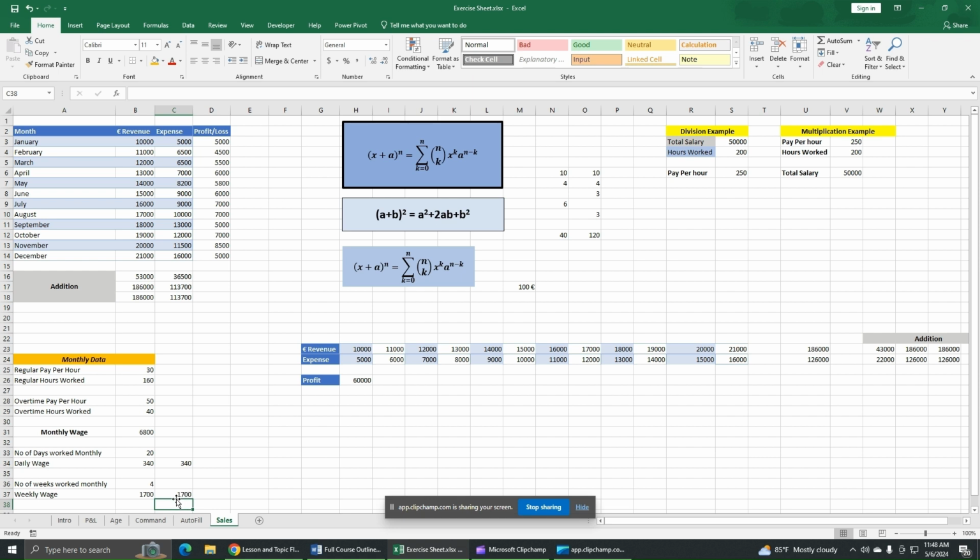We can also do this by breaking it into several steps. First we get the monthly wage, then we get daily, and we can also do it weekly. I'm showing it here. Equal to this one multiplied by this one, then giving a first bracket, then this one into this one.